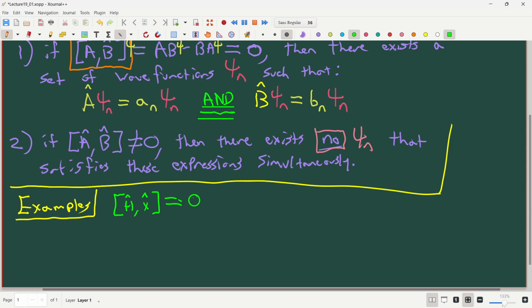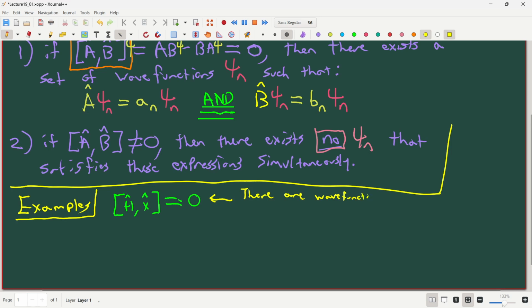And this just says that there are wave functions for systems that have fixed energy and defined position.